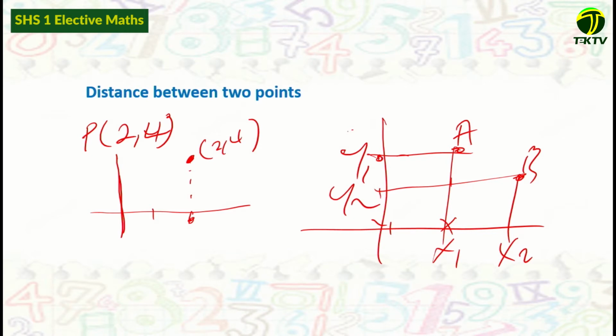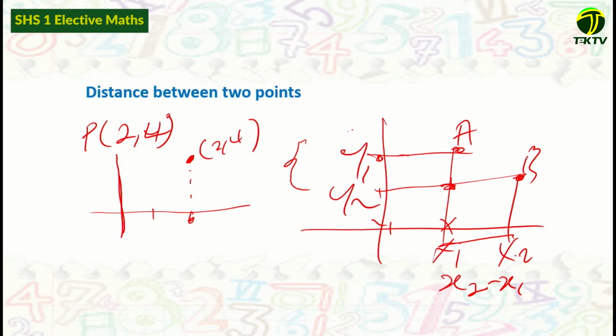When you check the distance between the C and the B, it is the same distance between x1 and x2. So you find for the distance between x1 and x2, it is equal to x2 minus x1. And the distance between y1 and then y2, obviously you can tell it. What is it?